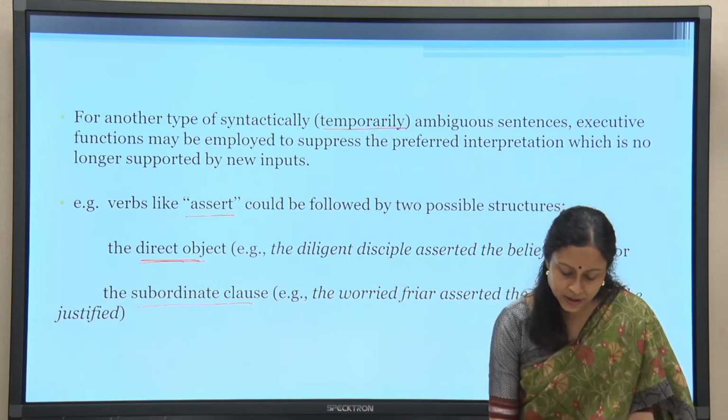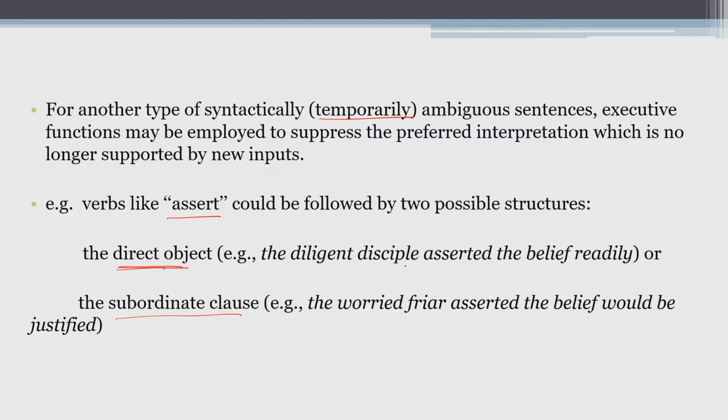So, in case of direct object: the diligent disciple asserted the belief readily. Here, the belief is the object. On the other hand, a subordinate clause can also be there: asserted the belief would be justified, right. So, till here the sentences are the same, but the moment this part appears, there is a problem.